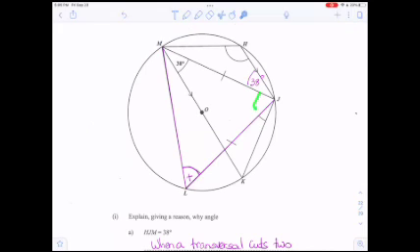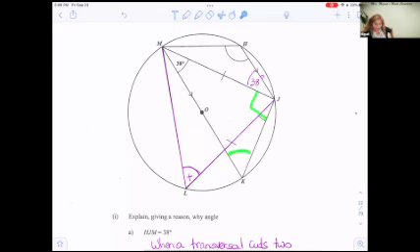Now remember, this is 90. Here is 38. So if here is 38 and this is 90, can you work out this angle?